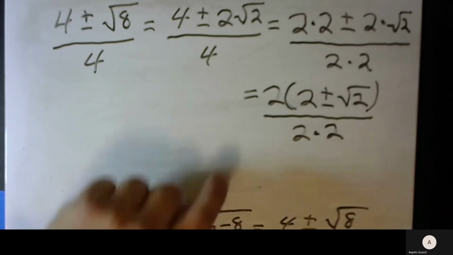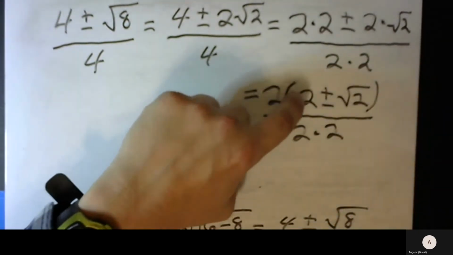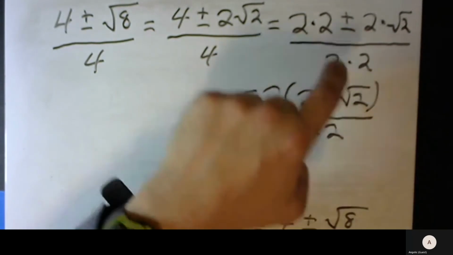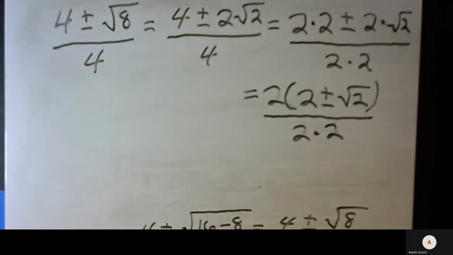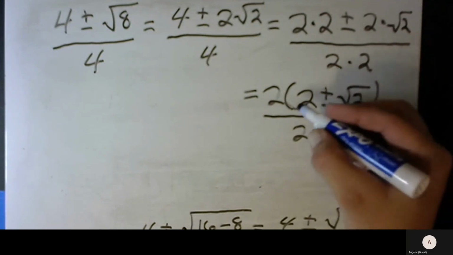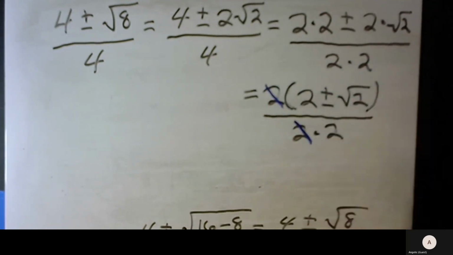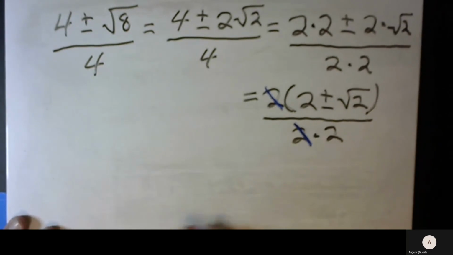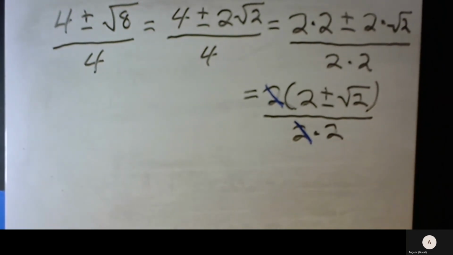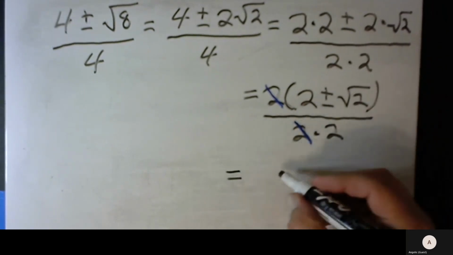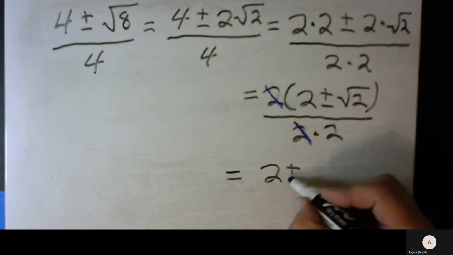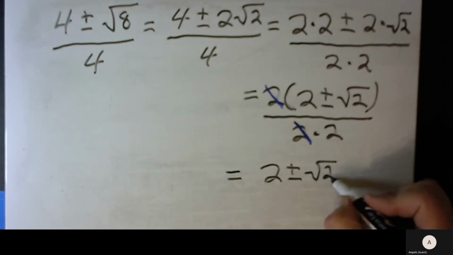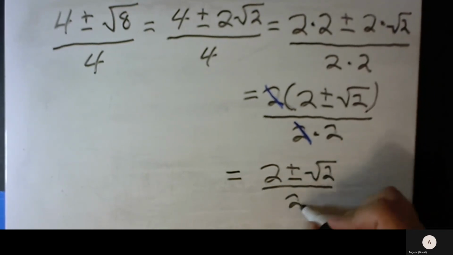So if we took this 2 and distributed it here and here, we would get this up on top. Now we can cancel this 2 and this 2, just like reducing fractions, they'll cancel. And so what we'll get is 2 plus or minus square root 2 over 2.